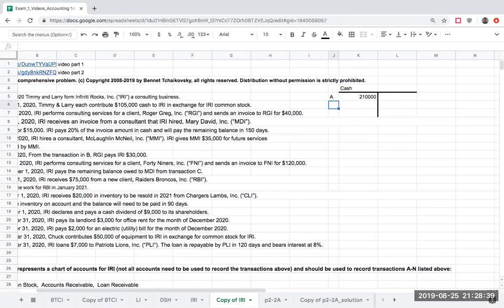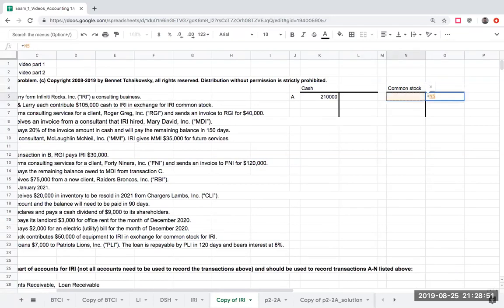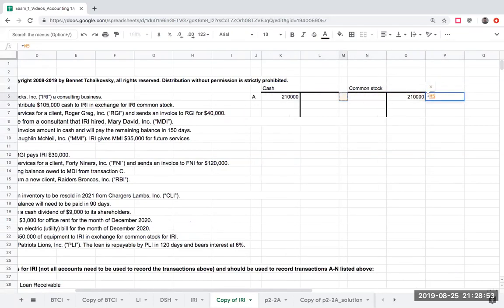Okay, so we're going to do letter A. Again, we're going to show an increase to cash because it's on the debit side. Does that make sense?